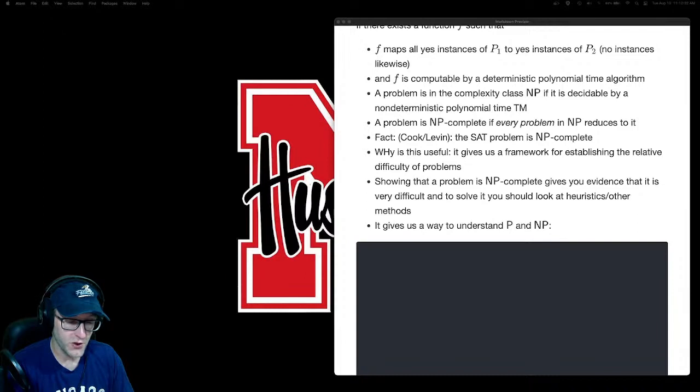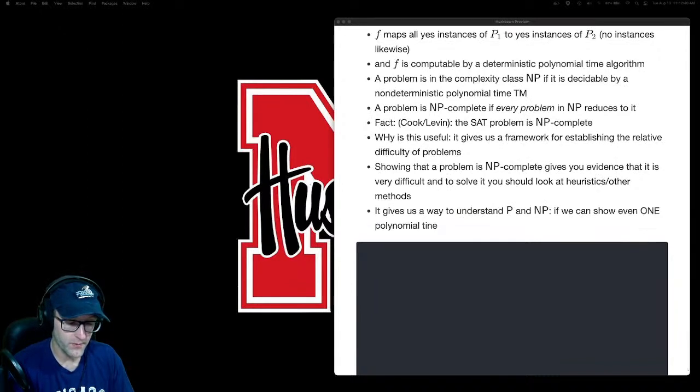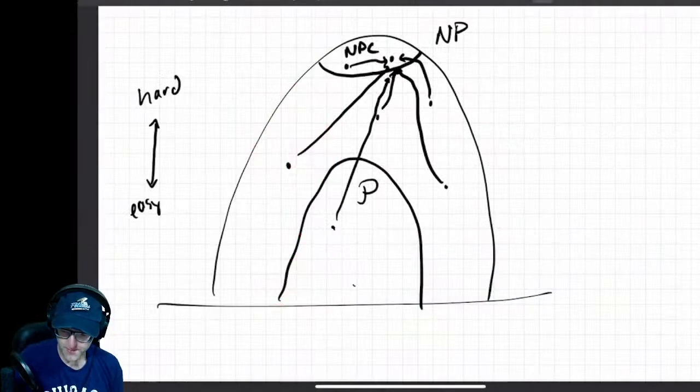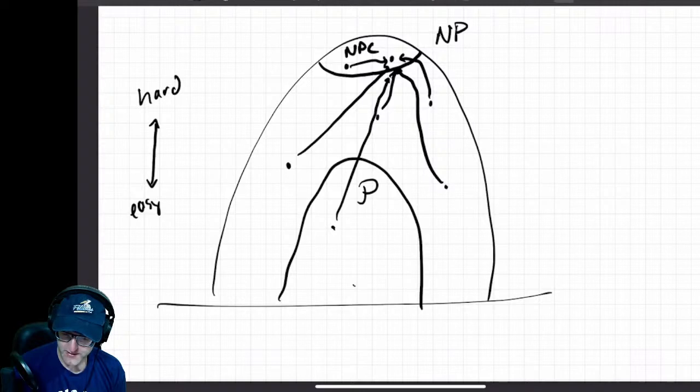If we can show even one polynomial time algorithm for one NP complete problem, then we've collapsed the entire landscape. Now, what do I mean by that? Let's go back to our picture here. Now, imagine that it doesn't matter. Let's go ahead and take SAT.